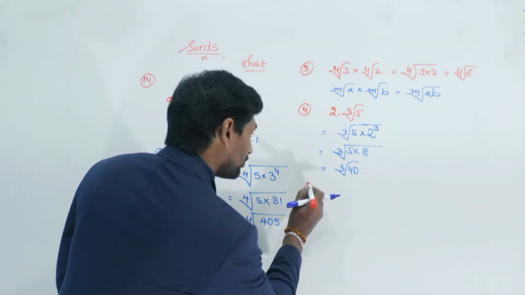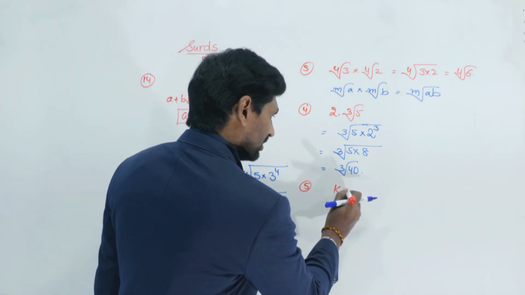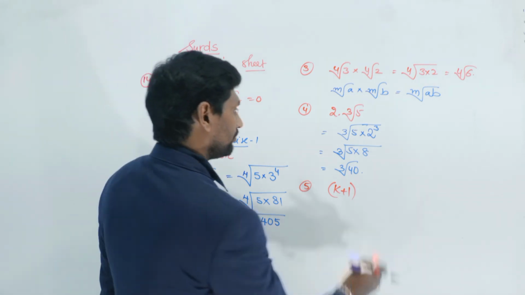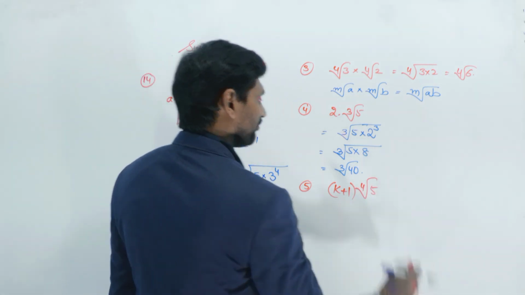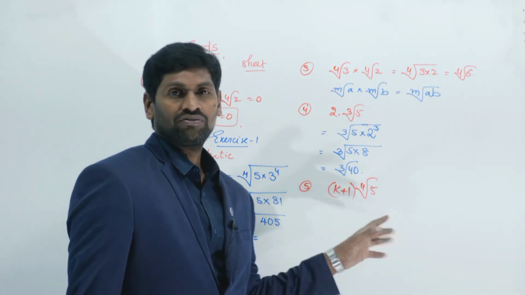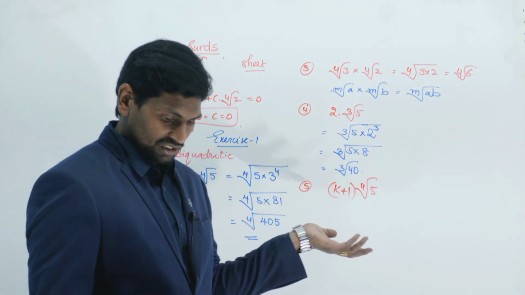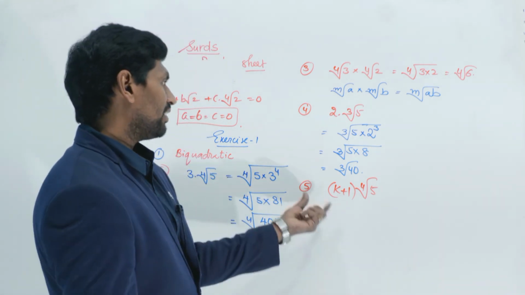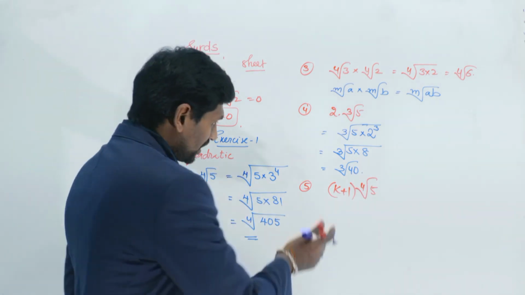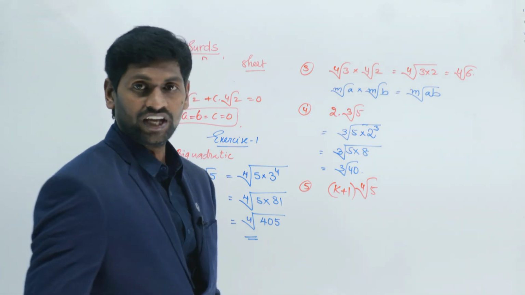Let us go to question number 5. That is k plus 1 into the 4th root of 5 is in entire form. When will you get that entire form? Entire form is pure form. Here, if it is already in the entire form, we need to find the value of k.